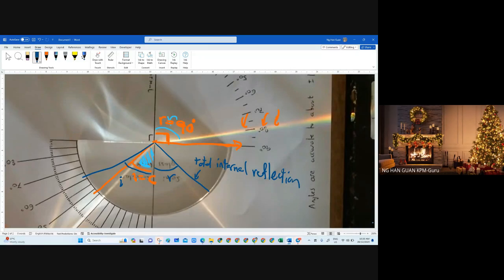Okay, so before that we have internal diffraction, but it's not total. It means that a portion of the light is diffracted inside the glass, we call it internal diffraction. Some is diffracted outside the glass, bending away from the normal.